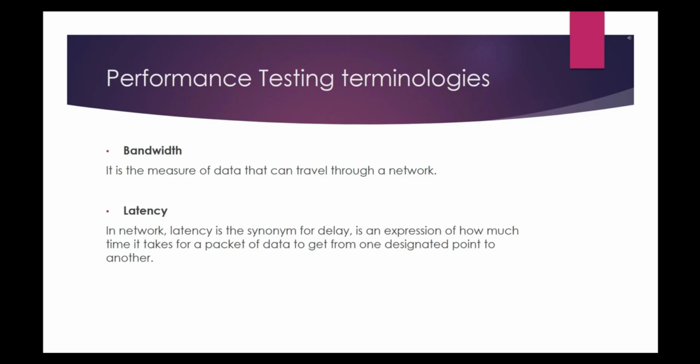In a network, latency is the synonym for delay and is an expression of how much time it takes for a packet of data to get from one destination point to another. In some cases, latency is measured by sending a packet that is returned to the sender, and the round trip time is considered as latency.